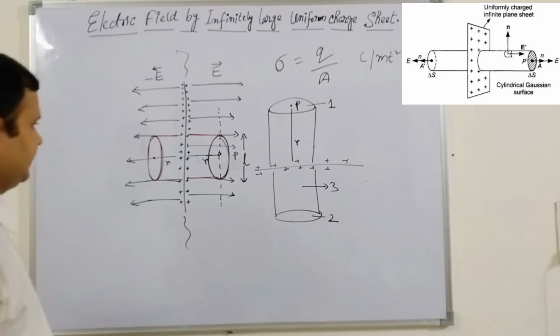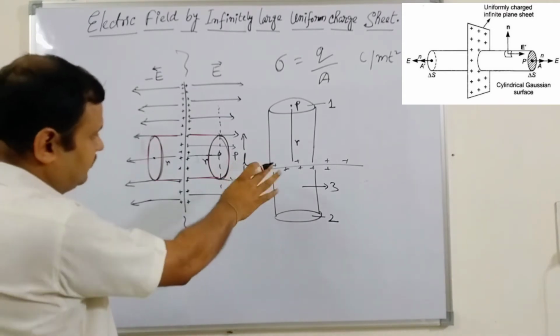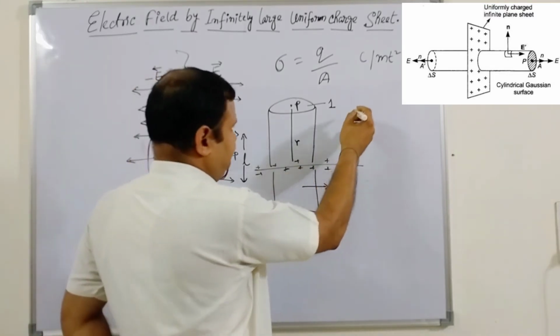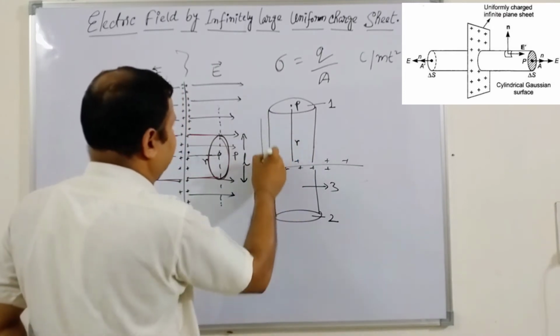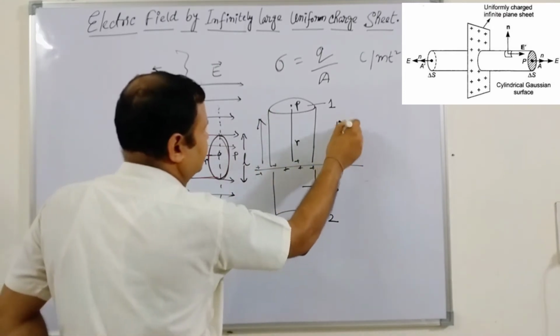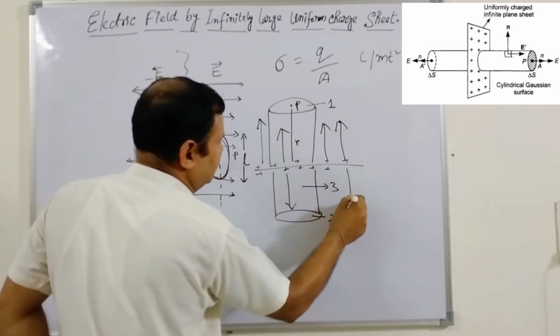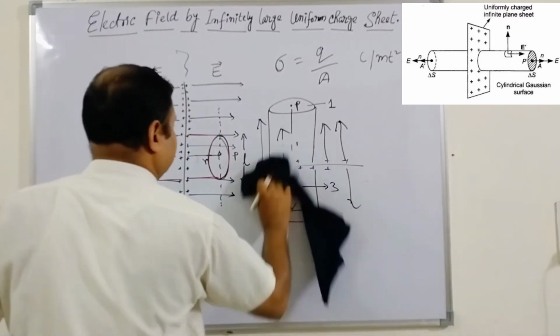Let us consider it like this, for your imagination only. Now see, the electrical field is going like this, on this side and on the other side, like this. Okay, I have shown this so that you can understand it.